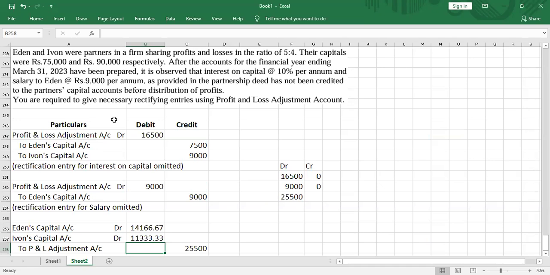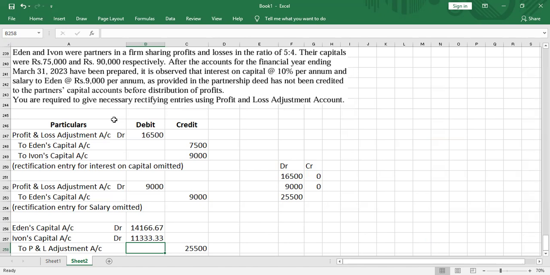Now, if they forgot interest on capital, interest on salary or commission, for any expense omitted, the journal entry is P&L adjustment account debit to partners' capital account. If they provided extra expense, the journal entry will be partners' capital account debit to P&L adjustment account.